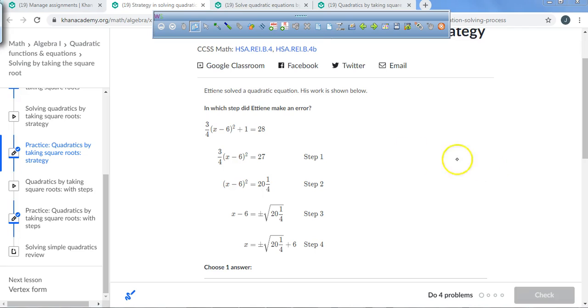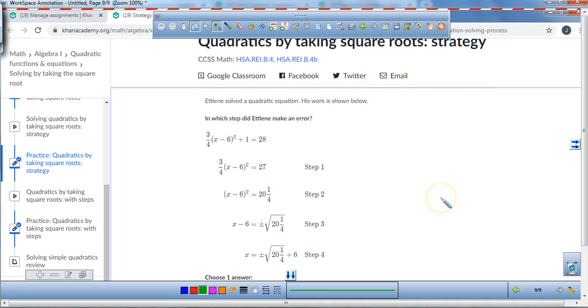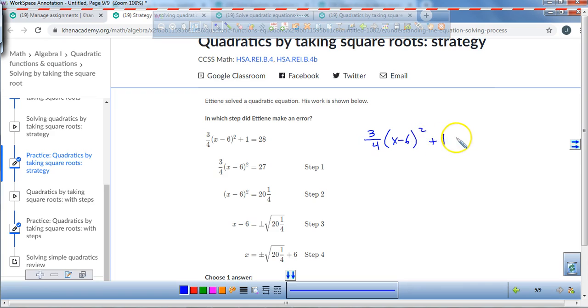Alright, let's see here. Which step did this person make an error? So let's take a look at this. So all I'm going to do on this last one is work it out until I find his error. So here we go. 3 over 4 times x minus 6 in parentheses squared plus 1 equals 28.